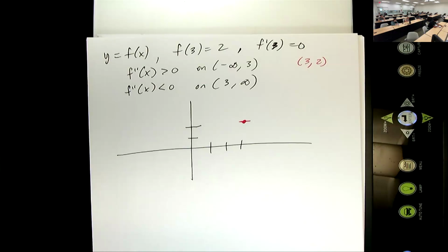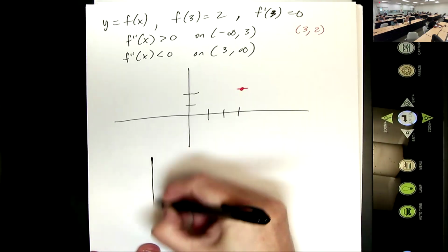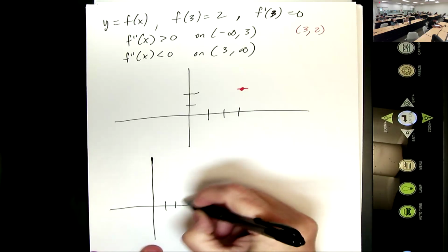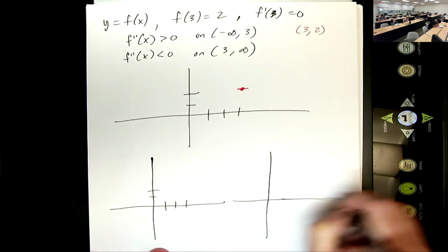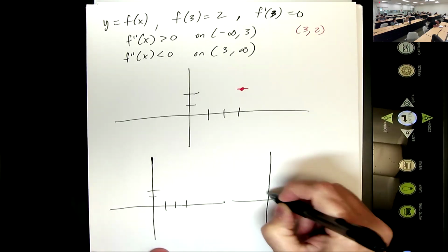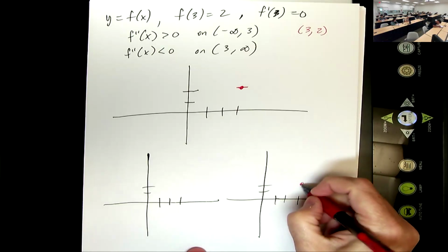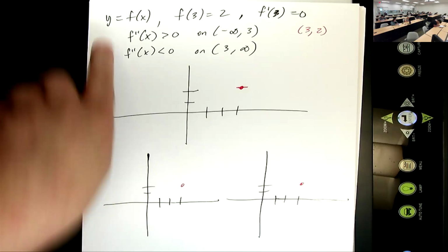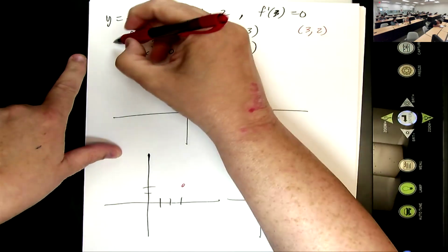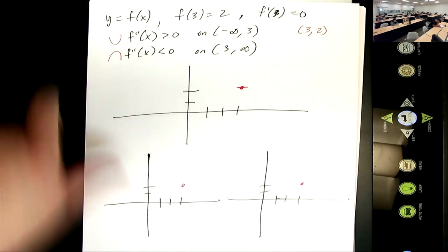So we have a couple options here. I'm going to sketch all 3. This part is saying concave up, and this part is saying concave down.